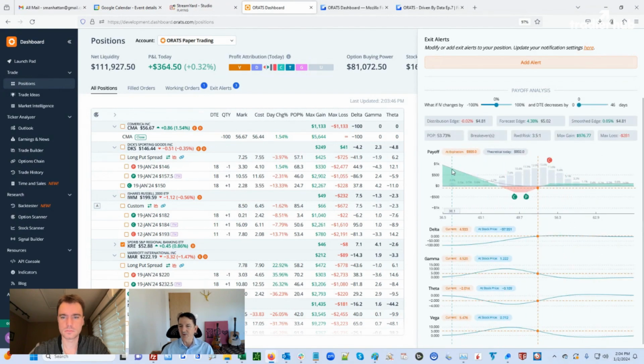Now, if it goes down is where we have a lot of profit potential. So that's kind of cool. Another cool thing about this is our call calendar. So, call caller. Most callers, and we explained it in the last video, are a short risk reversal where you're long the put, short the call, and long the stock. And this, you're long an out of the money call, so it's less expensive than owning the stock.